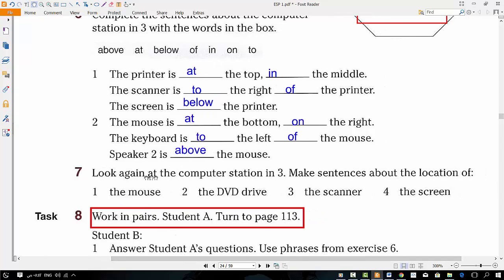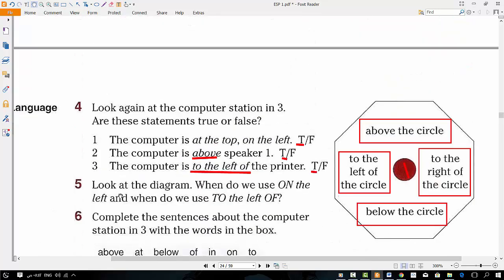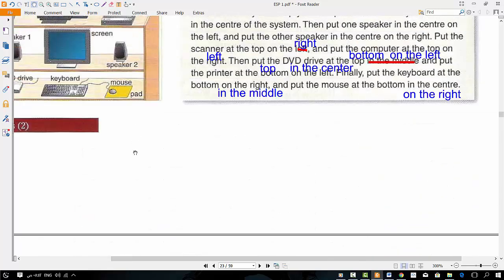Exercise 7. Look again at the computer station in 3. Make sentences about the location of the mouse. Okay, where is the mouse? The mouse is to the right of the keyboard.